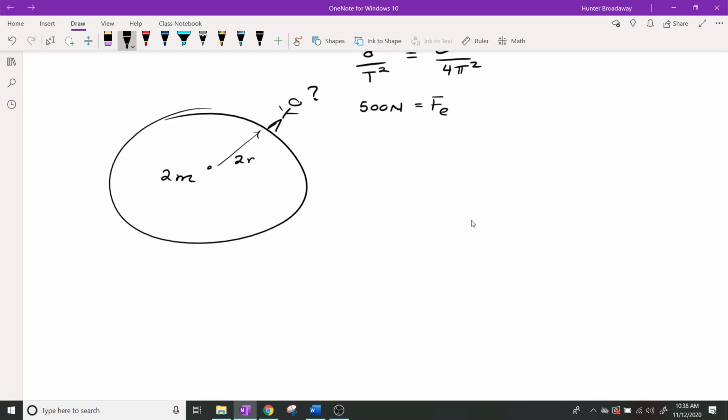But I encourage us to look at Newton's universal law of gravitation, which tells us that the force of gravity on an object is equal to big G, which doesn't change, times little m, big M, over the radius or the distance squared. Two of these things changed in this problem: the mass and the radius of the planet.